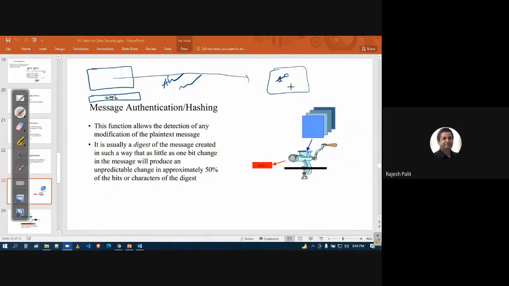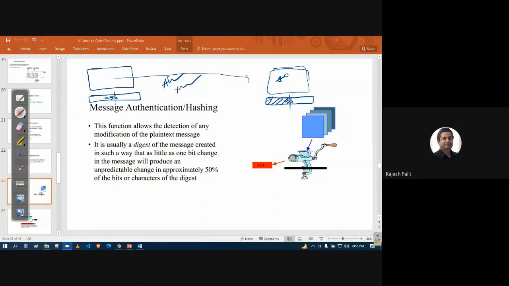After receiving the 1 gigabyte, the receiver will produce the same 256-bit digest. If only one bit is changed in the original file, 128 bits will be changed. You see how sensitive it is. If the data is intact, you will get the same digest, and then you can be sure that you have received the intact data.